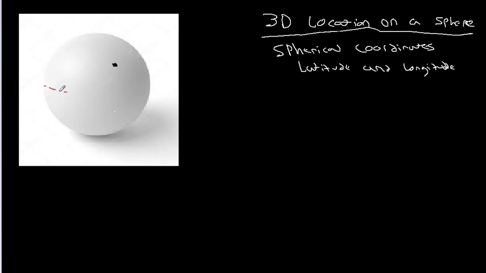So hopefully I can do this without butchering the sphere too badly. You can imagine that that's pretty straightforward. Pick the point that divides the sphere at its widest point, and this is going to be the equator. The equator is going to be our north-south division.